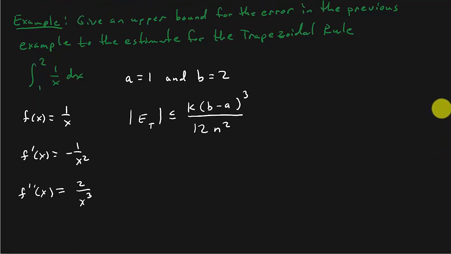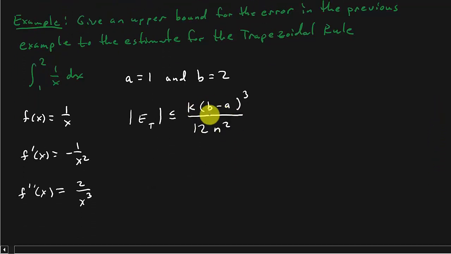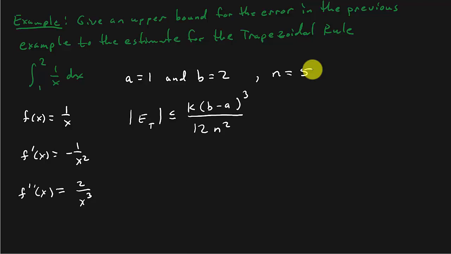We need to know k, b, a, and n. We know b is 2, a is 1, and n is equal to 5, because in the previous example they told us n equals 5. So what we have to find is k. Finding k can be the more difficult part of the problem.